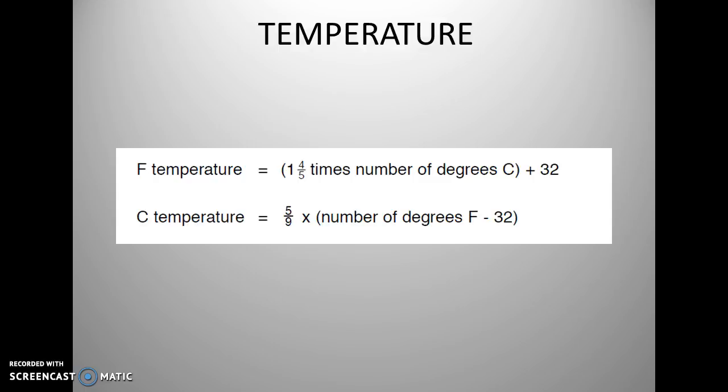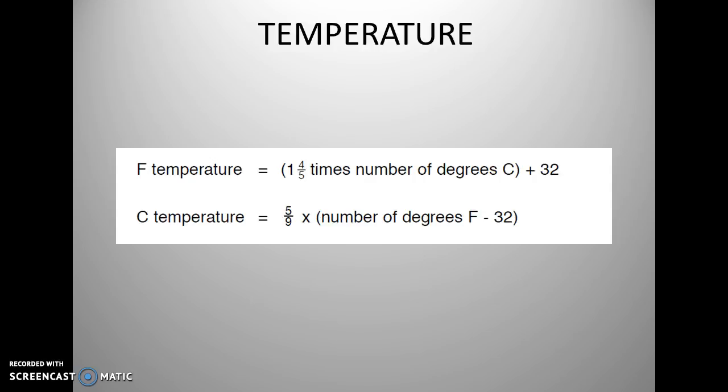Something that's also very important to know in terms of conversions: in the United States we use Fahrenheit for the most part, but Celsius is used worldwide. Fahrenheit is equal to 9/5 times the number of degrees Celsius, plus 32.